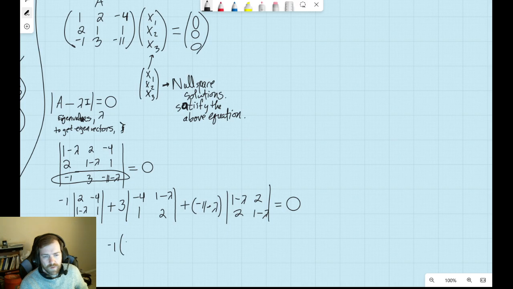In this case, we're going to get 2 times 1 minus 1 minus lambda times -4, plus 3 times the quantity -4 times 2 minus 1 times 1 minus lambda.